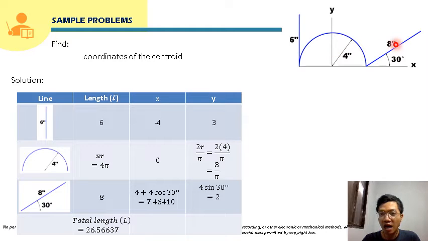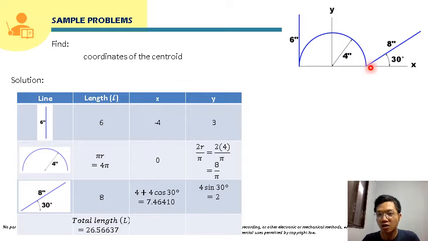This distance will be 4 plus this distance. This distance will be the adjacent side of the triangle that will be formed here. This triangle's angle is 30 degrees and its hypotenuse is 4 inches.